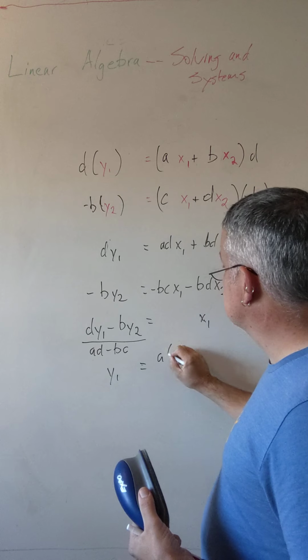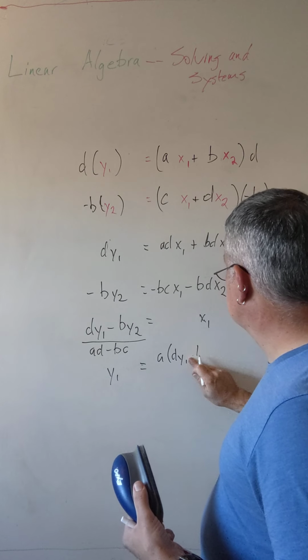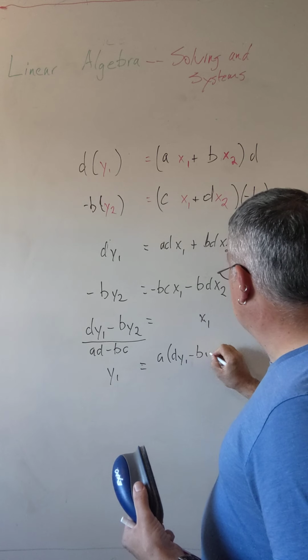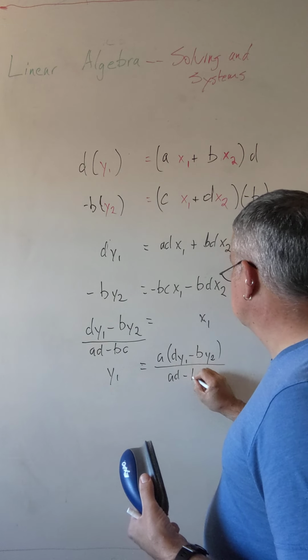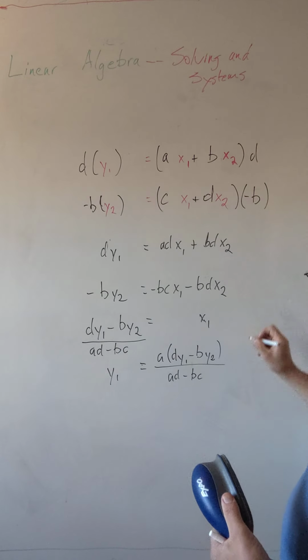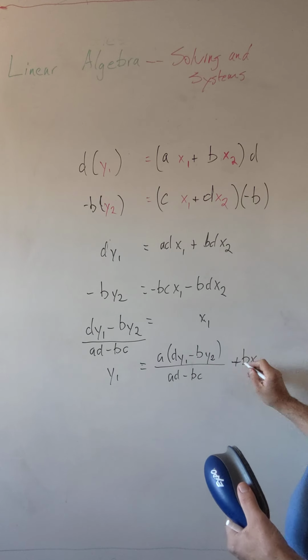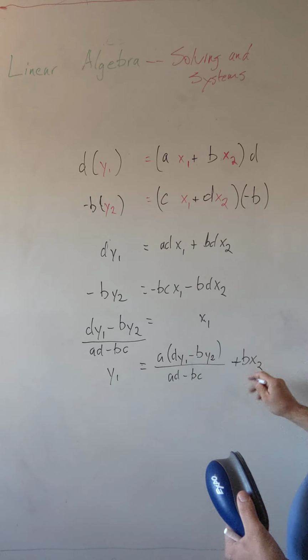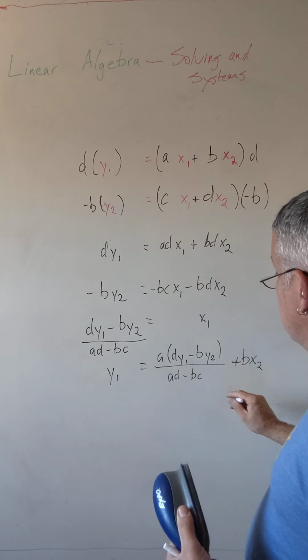So a times dy1 minus by2 over AD minus BC. That's this first term, and then the second term is plus b times x2. We don't know what x2 is. That's what we want to solve for. So let's solve for it.